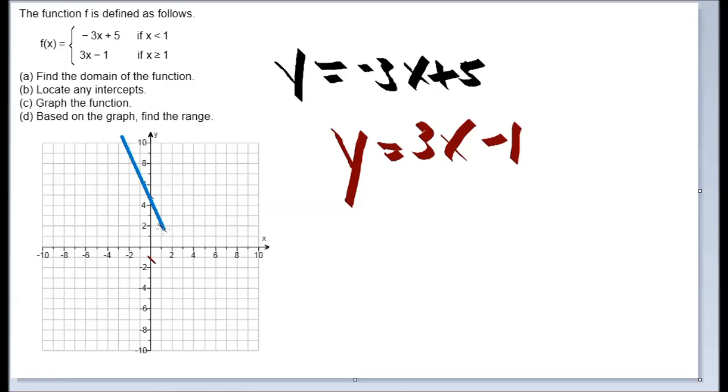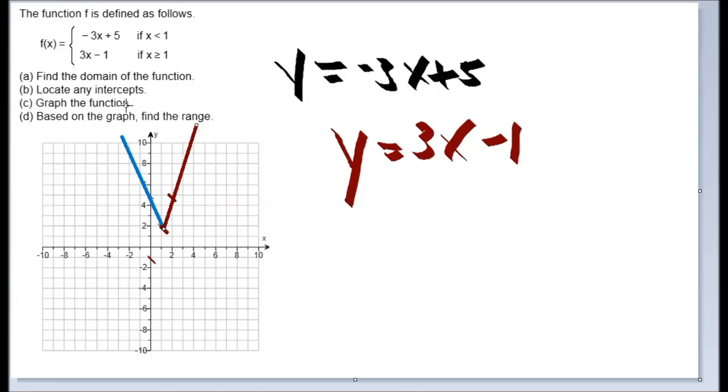It's actually going to start right there and then go through this point up here. Let me make a line through that. Okay, there you go, and that's going to be our graph.